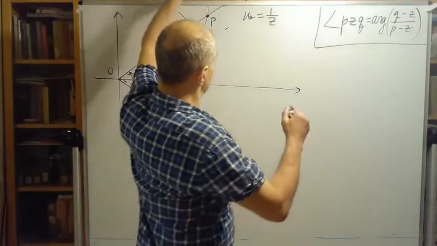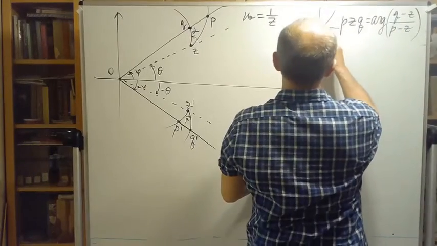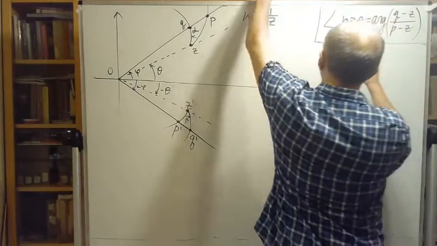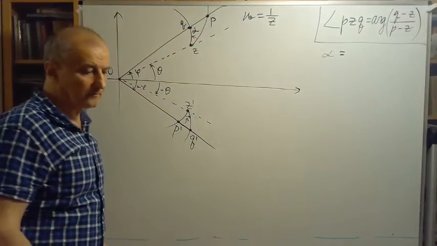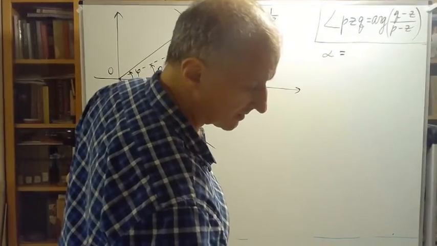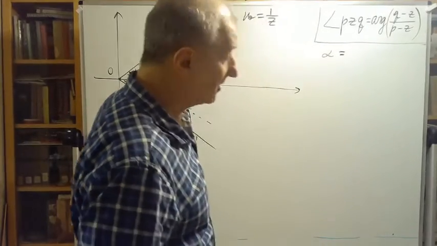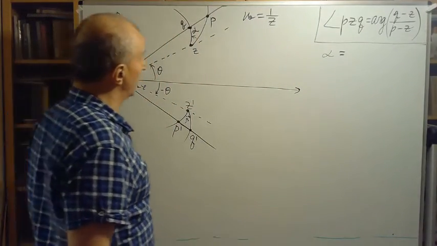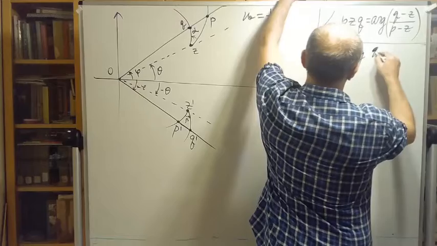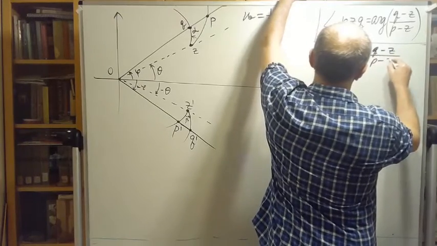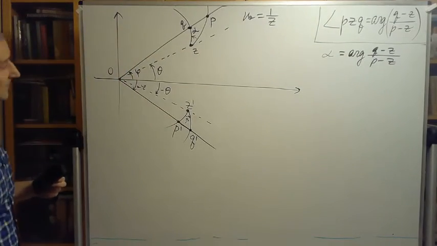We have these numbers P, Z and Q. And according to the lemma we have proved, alpha will be the argument of Q minus Z over P minus Z, our original angle, right?